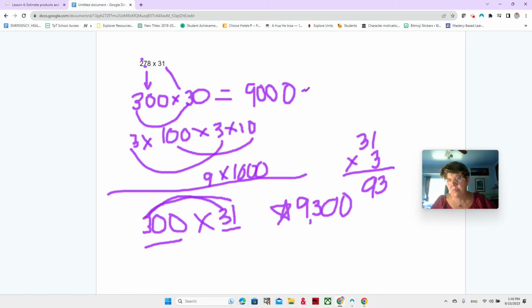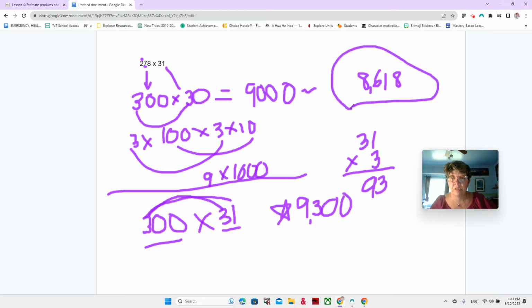And this one might be less than, right? Okay, well, the actual answer is 8,618. So both of them are greater, okay? But they are both also close estimates. 9,000 and 9,300 is close to 8,618, right?